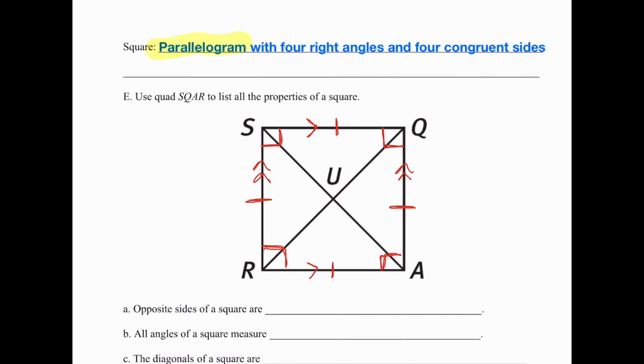And because a square is a mix between a rectangle and a rhombus, the properties of a rectangle and a rhombus also apply to a square. For instance, the diagonals bisect each other and are congruent, just like in a rectangle. And the diagonals are perpendicular, just like they are in a rhombus.